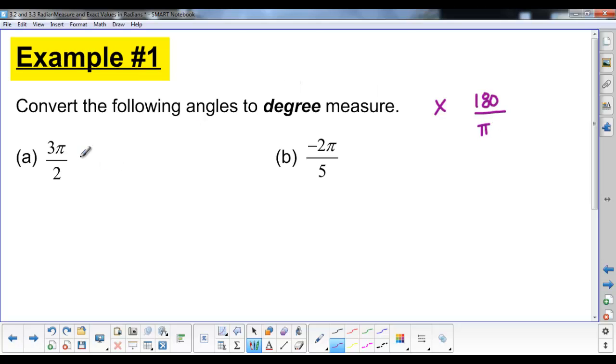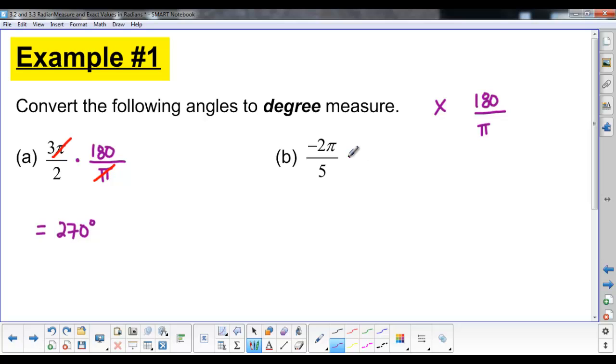So if we start with example A, if I take this and multiply by 180 over pi, we can do a little bit of cross-reducing. Our pi's would cross out, and really what you're left with is 3 times 180 divided by 2. If you work that out on your calculator, you should get 270 degrees.